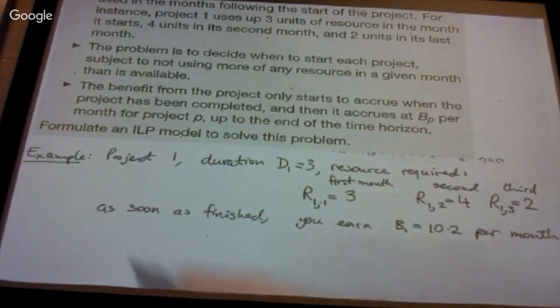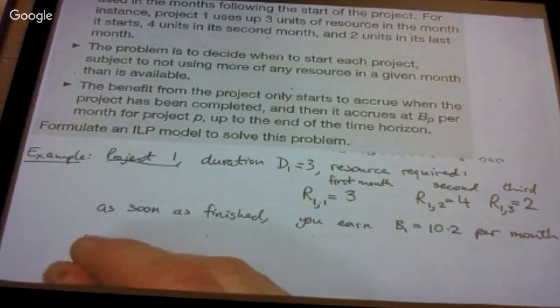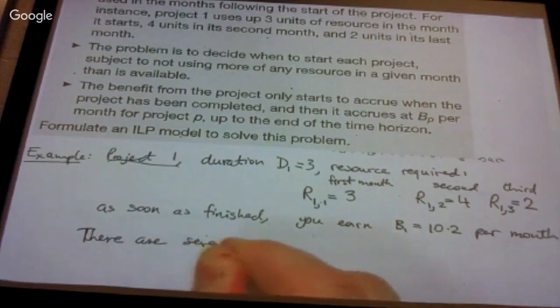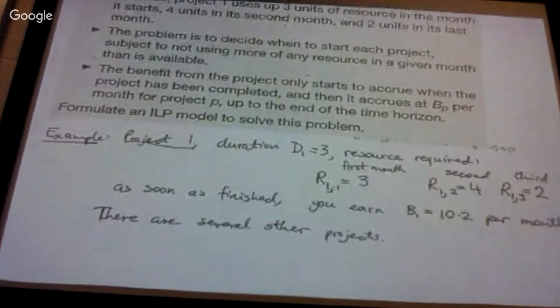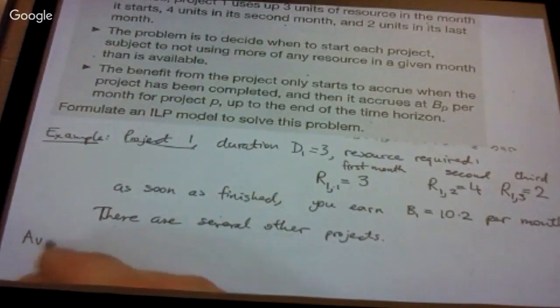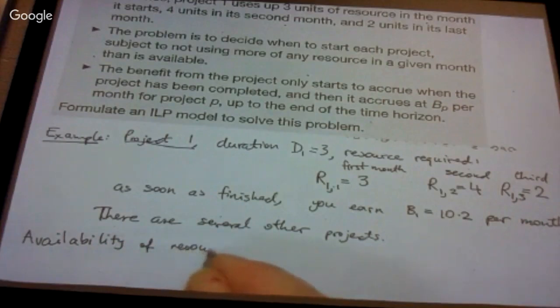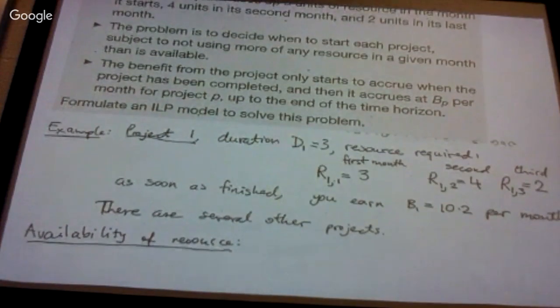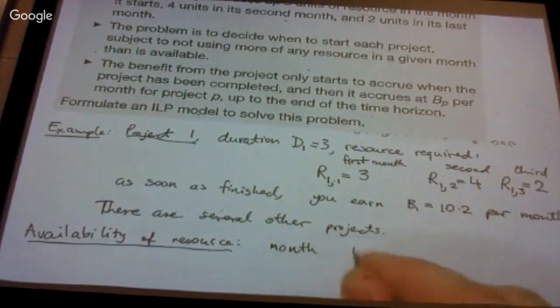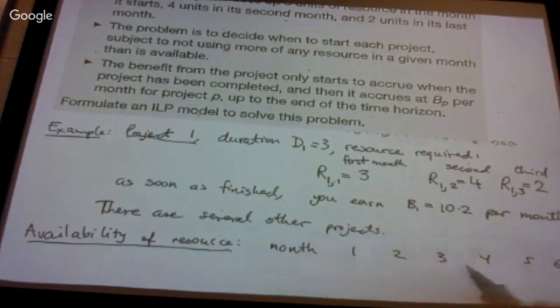So that's project one, and then there are other projects as well. And then another thing we know is, for the coming 6 months, 1, 2, 3, 4, 5, 6, we know how much of the resource is available.